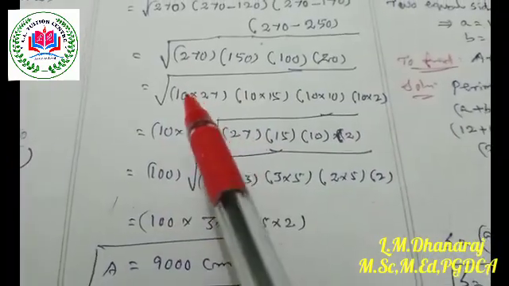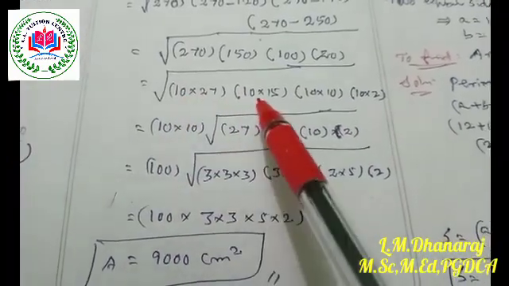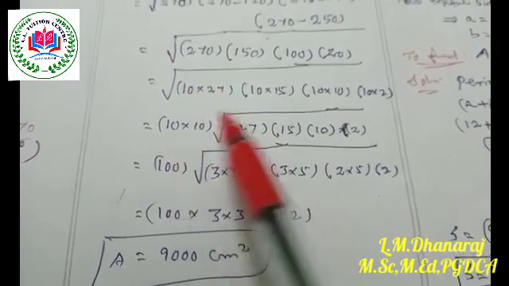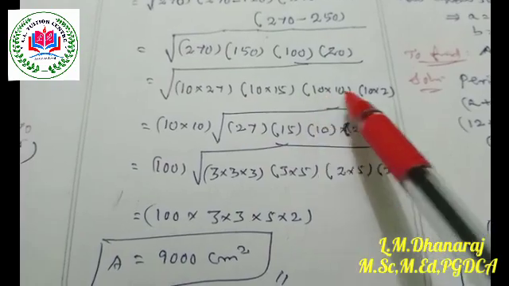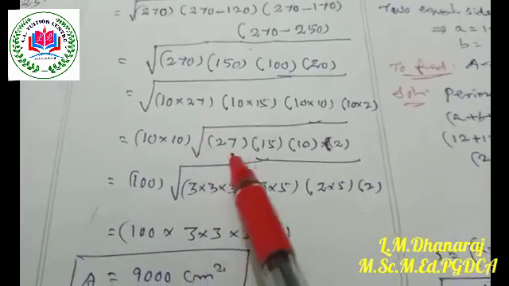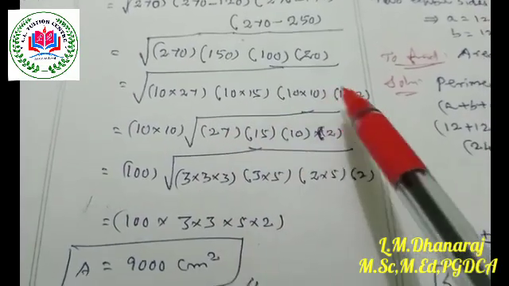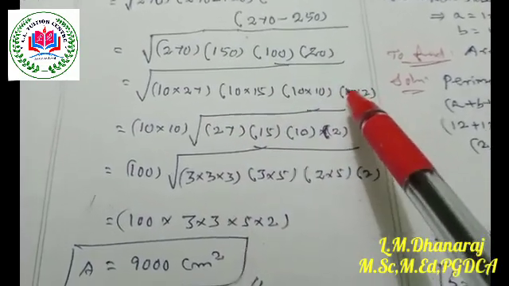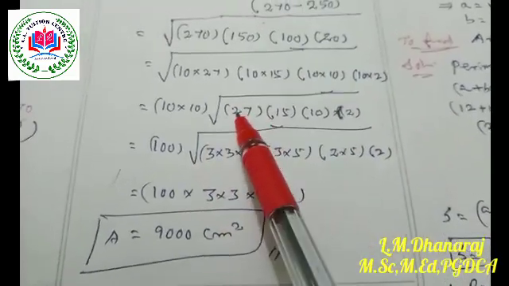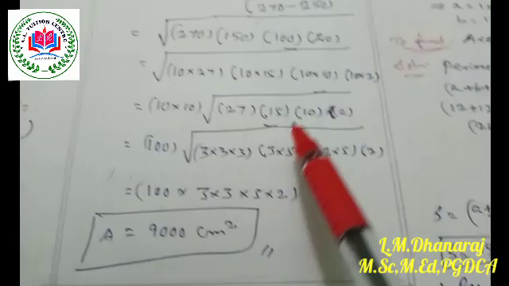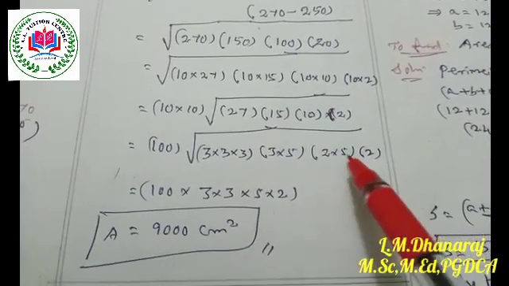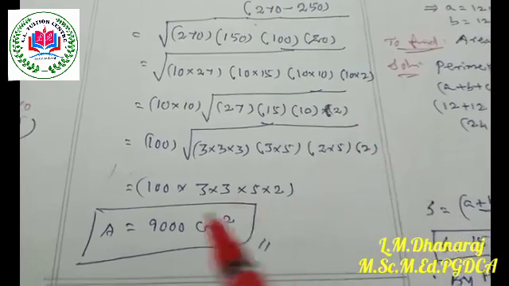Now let us group the terms. There are these two tens, instead of which one 10 can be taken out, and instead of these two tens, one 10 can be taken out. Now the remaining is 27, 15, then 10 and 2. Now 27 can be split as 3 into 3 into 3, 15 as 3 into 5, 10 as 2 into 5, and 2 remains as it is.